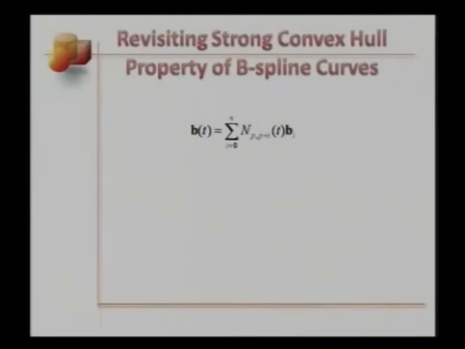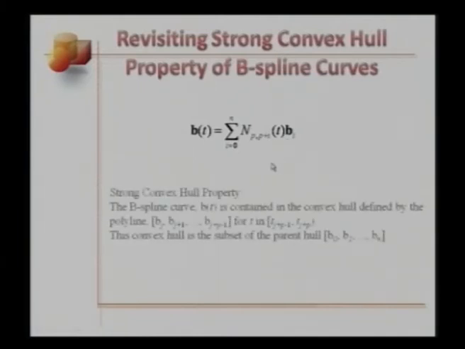So this is our B-spline segment, P of t, which is defined as summation i going from 0 to n of N_{p+i}(t) times b_i. These are our B-spline basis functions, and these are the design points that you specify.